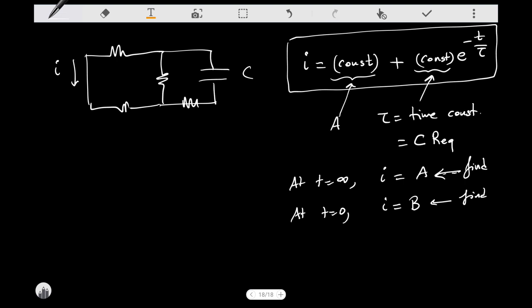So this constant should be equal to A. And this second constant should be B minus A then. Only in that case, when you replace the exponential with 1, you get the current to be equal to B, right? So as a result, without solving any differential equations, it is also possible to find the time dependence of any property of the circuit.